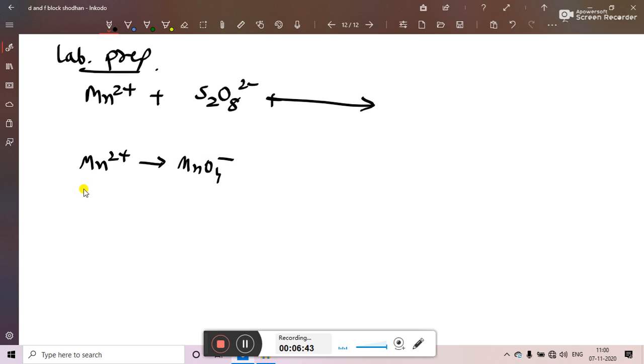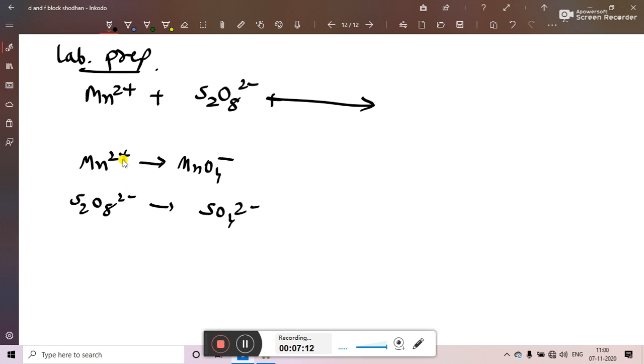So here we will see that Mn2 plus reacts with persulfate ion. So Mn2 plus should get converted into MnO4 minus, and S2O8 2 minus, being an oxidizing agent, will itself undergo reduction to form sulfate ion. So now we have to balance these two equations.